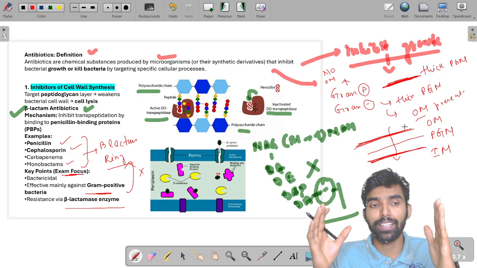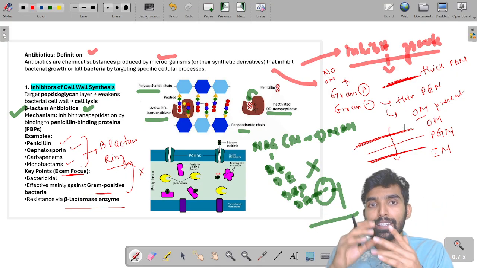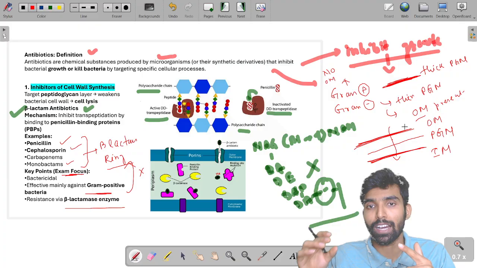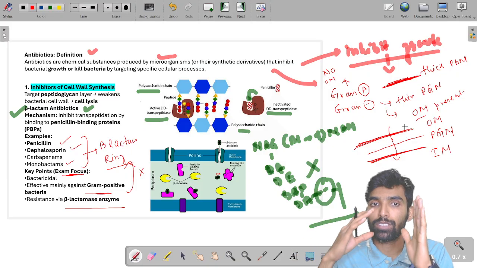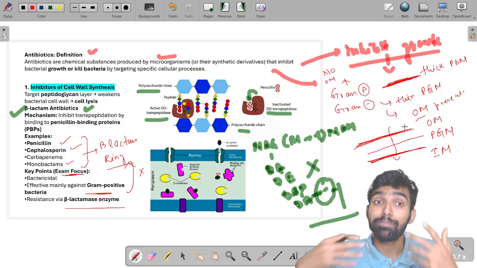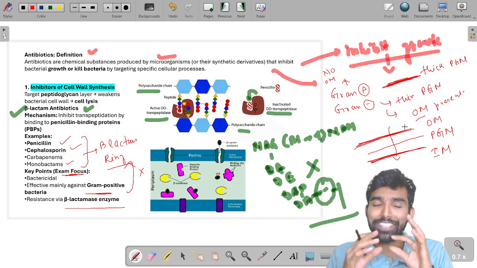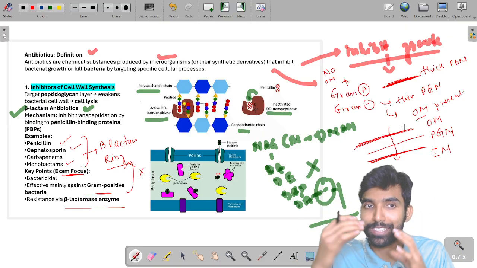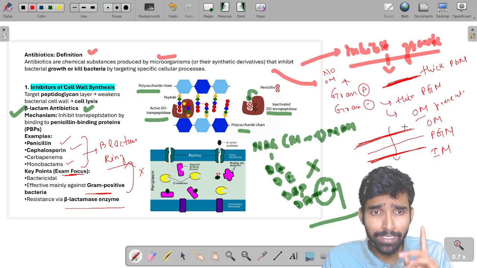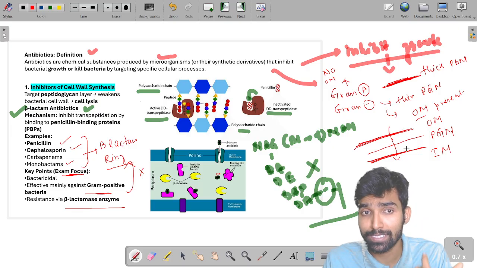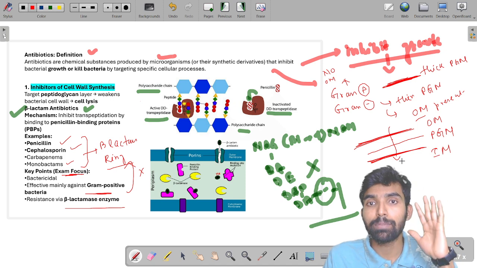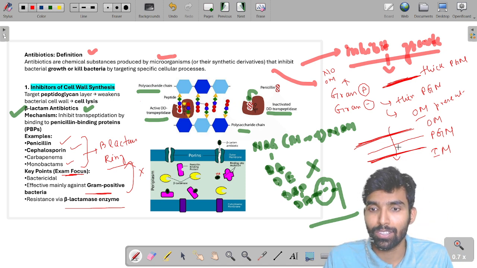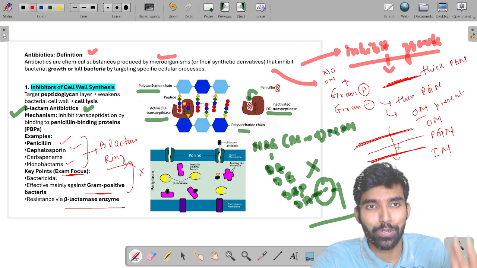It connects the peptides, the D-Ala-D-Ala, to form the peptidoglycan. Another important point: bacteria get resistance through the beta lactamase enzyme that cleaves the beta lactam ring of penicillin. Okay, so go next.